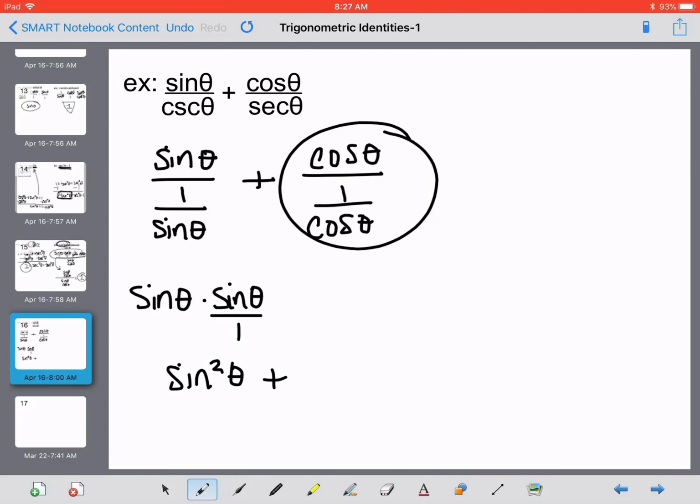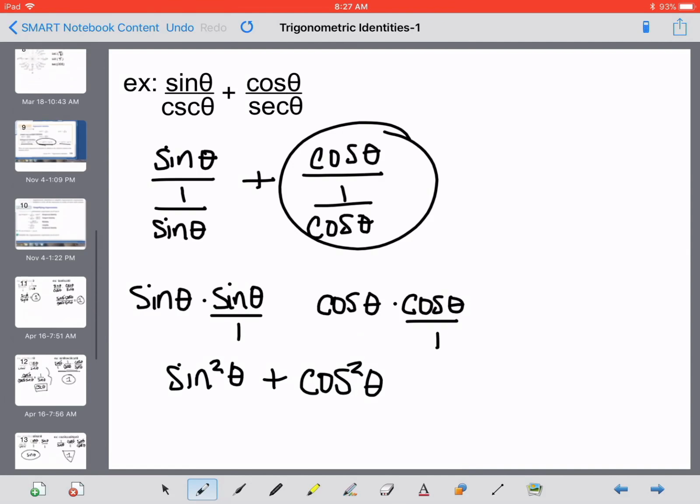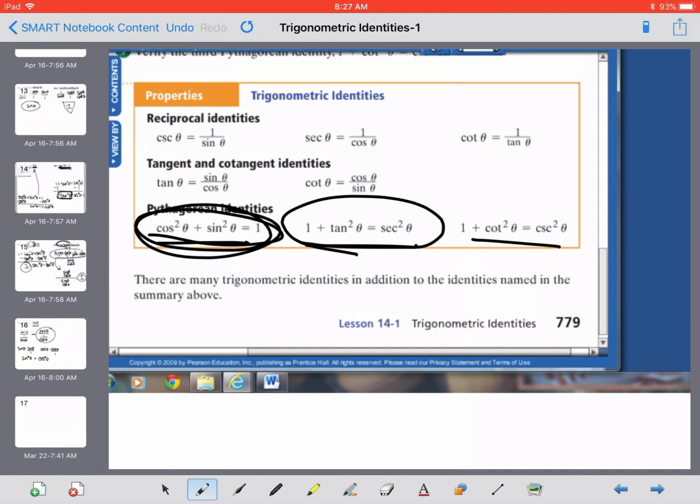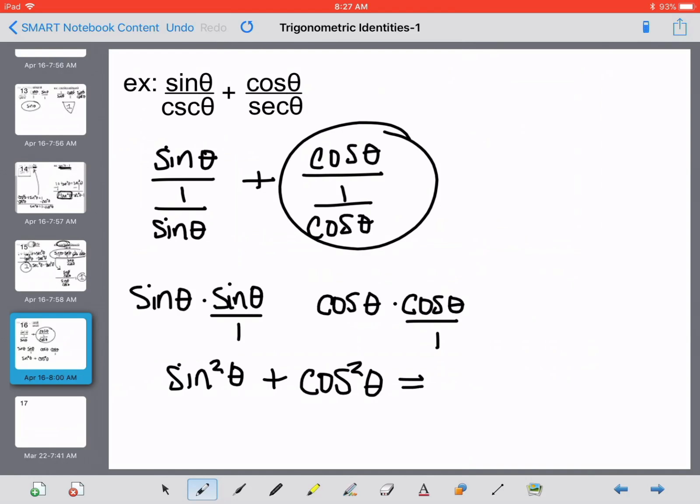Same thing over here, keep change flip, cosine theta times cosine theta over 1, or cosine times cosine is cosine squared theta. So now I see I've got sine squared plus cosine squared. I'm going to go back to these identities. Ooh, I see Pythagorean identity, cosine squared plus sine squared equals 1, or sine squared plus cosine squared is going to equal 1. And that would be my answer.